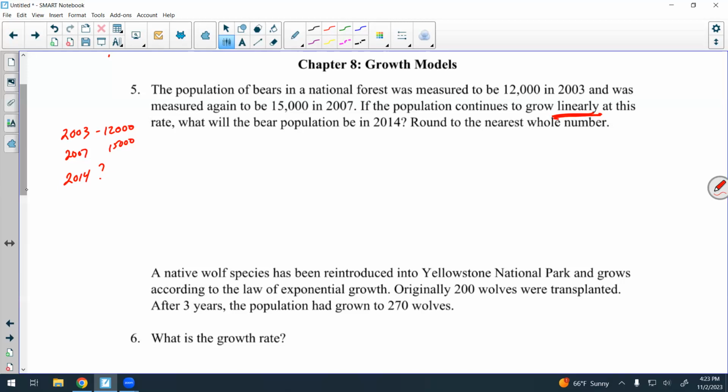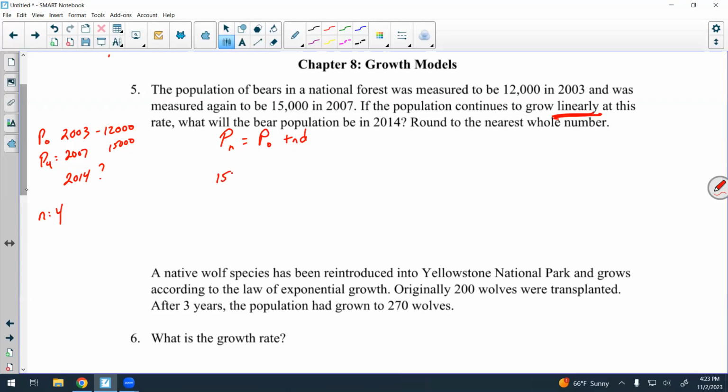Yeah. So what was our formula? P sub n equals P sub 0 plus ND for linear growth. Now I don't know D, but I do know P sub 4, and I do know P sub 0, and I do know N for those two, which would be 4.